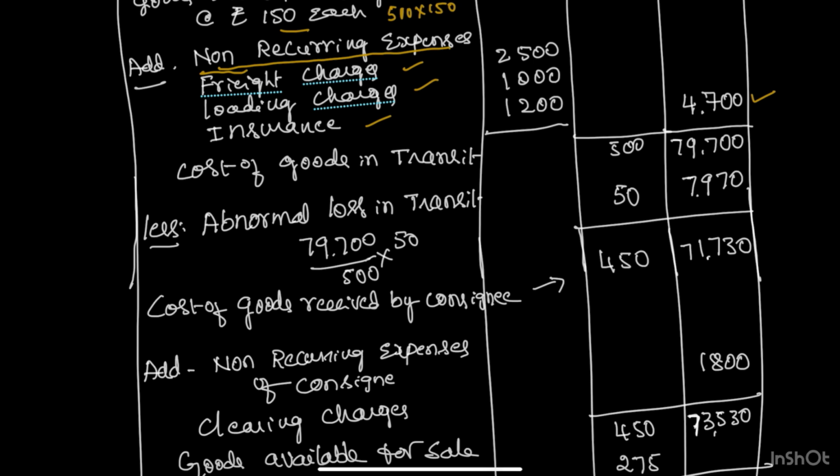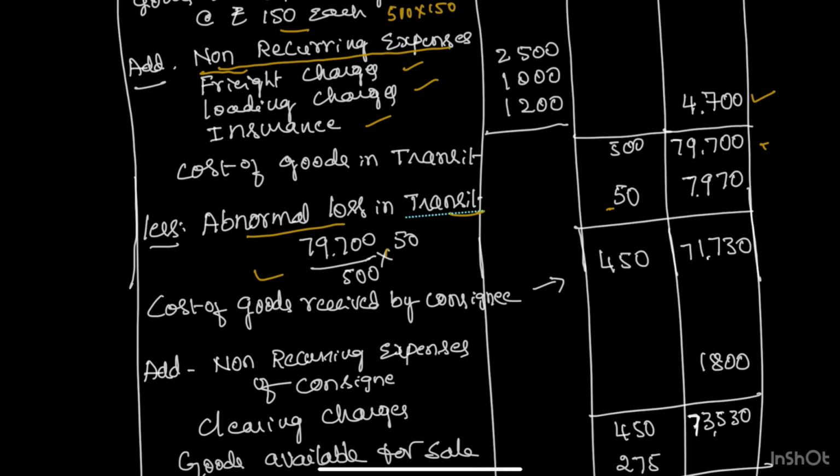Likewise, we have to subtract the abnormal loss that happened in transit. 50 cases lost. What is the value of 50 cases? For 500 it is 79,700, and what will be the value for 50? That's how we have calculated here: 79,700 divided by 500 and multiplied by 50.